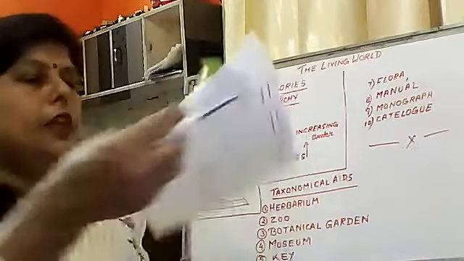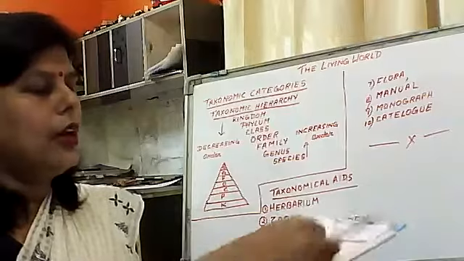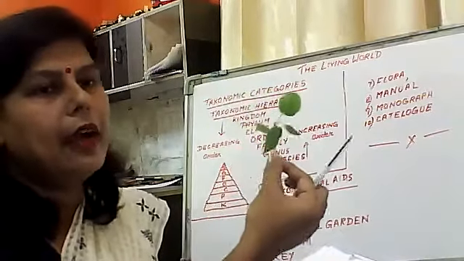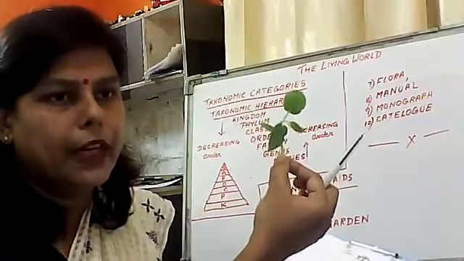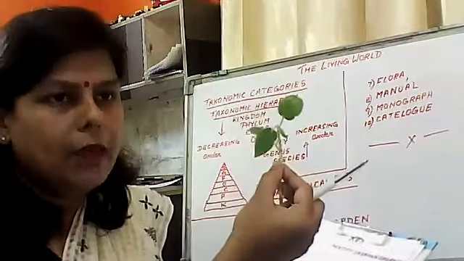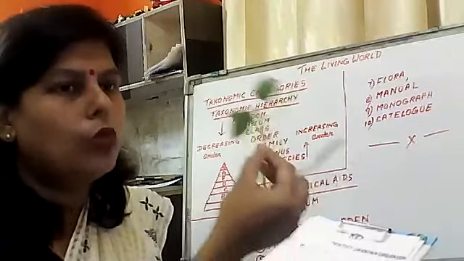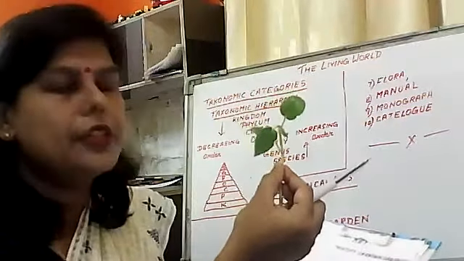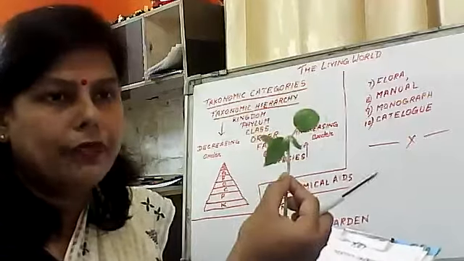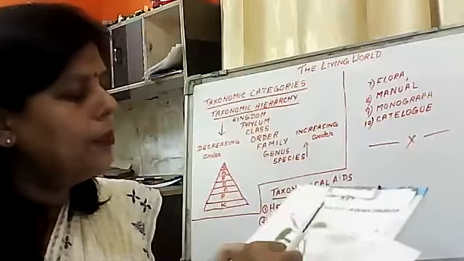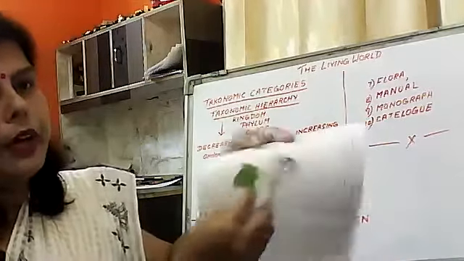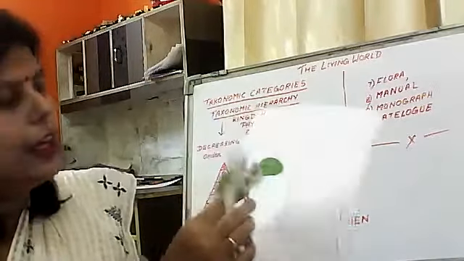So just to show you all, I'm just bringing it here. Okay, this one is not dry. Say for example, this particular plant, I want to know it properly. So maybe the local name I know, but other things I don't know. So what I have to do, I can't bring the whole plant, it is a huge plant, a tree. So a part of it I have brought. Now at home, I will put it in a paper like this, not directly in a paper.